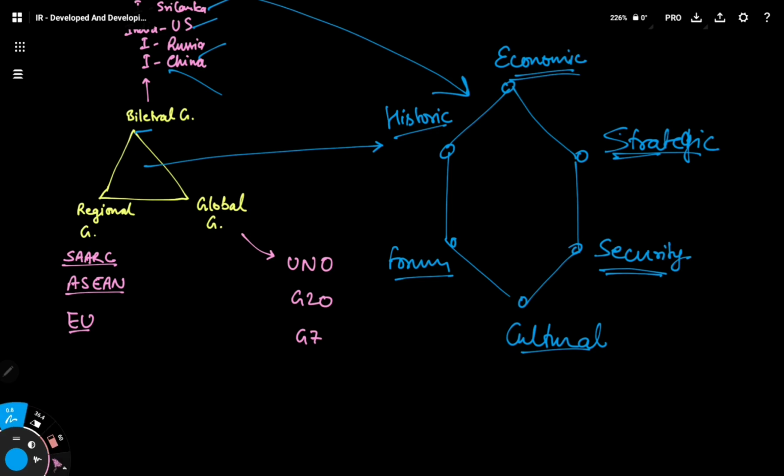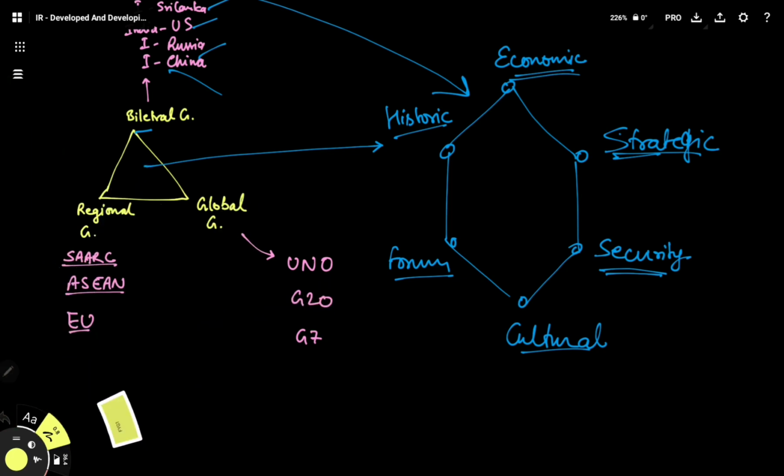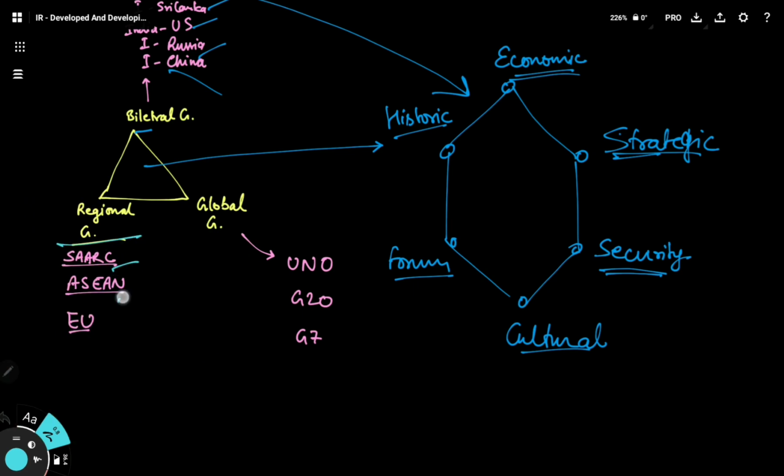Okay, and similarly in place of this bilateral relation, you can take this regional grouping. Okay, regional grouping, SAARC, ASEAN, EU. They all are also dependent on these 6 main aspects.